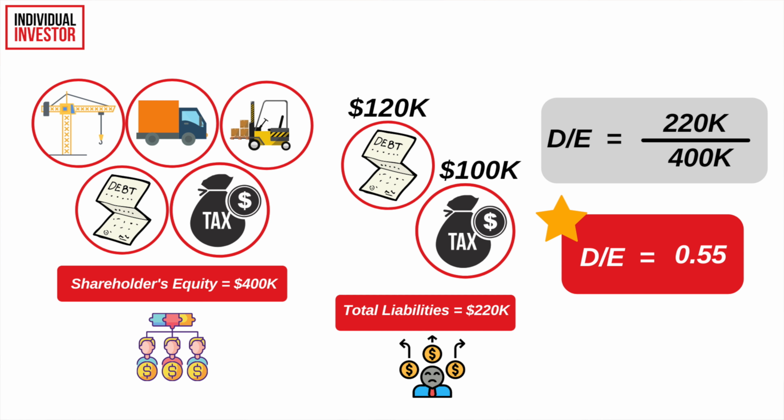So we add 120K plus 100K, and that equals 220K in total liabilities. And now to calculate the debt to equity ratio, we divide 220K, the total liabilities, over 400K, the shareholders' equity, and we end up with a debt to equity ratio of 0.55.